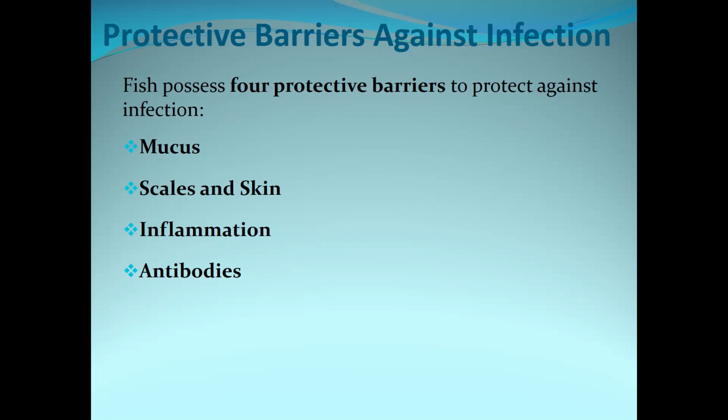With respect to the system, in many instances it may be difficult to deal with the entire system at that point in time, so we just treat the sick fish. We could perform a partial water change to reduce the parasite load if it's present in the water, so that our other fishes may not become affected.